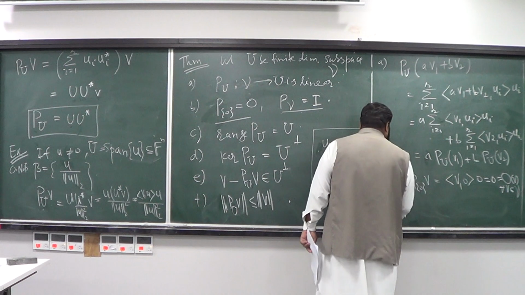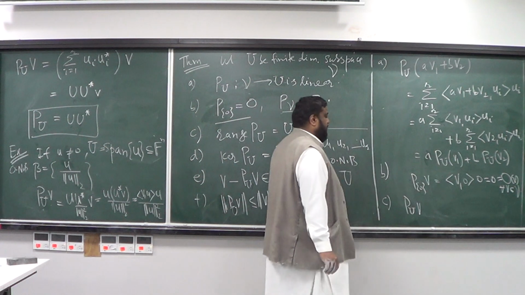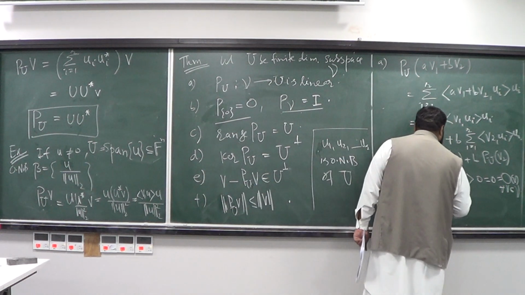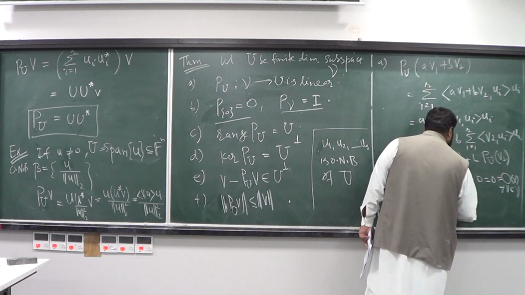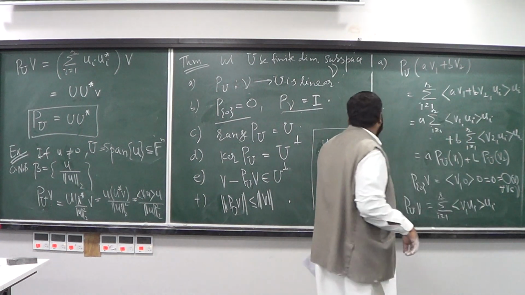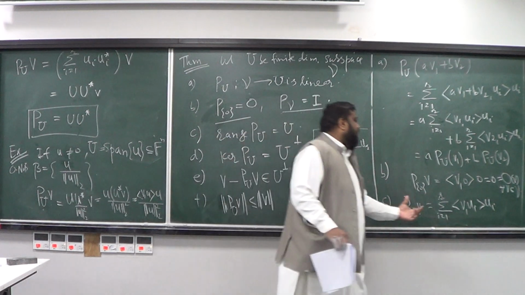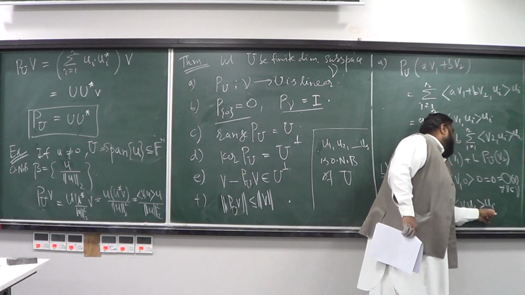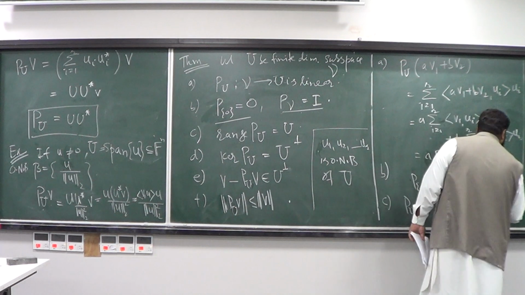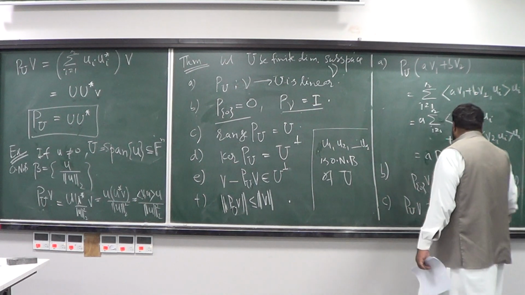This is true from definition, that if you take, for example, PU and operate it onto the vector V, then this is equal to the sum from i equal to 1 to R of the inner product of V with Ui, times Ui, where the Ui are the bases of the subspace U. So this is really one of the linear combinations of the bases of the space U. So this must be an element in U actually.